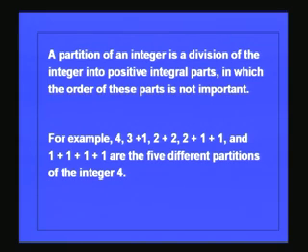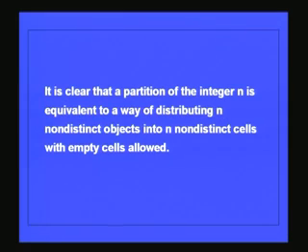Some of the cells can be empty also here. It is clear that the partition of the integer n is equivalent to a way of distributing n non-distinct objects into n non-distinct cells with empty cells allowed.